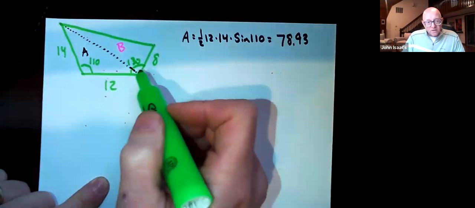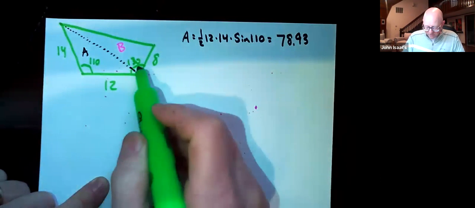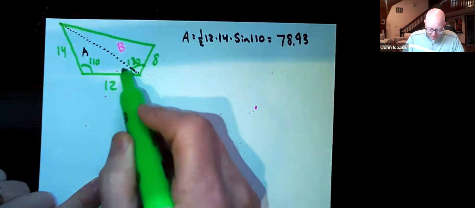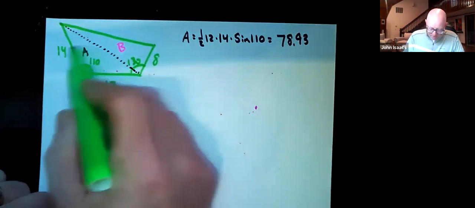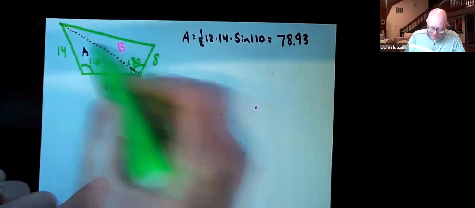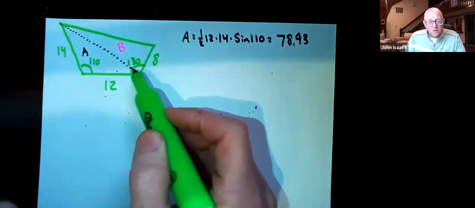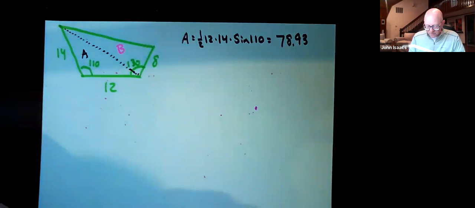So that means that this 130, we're going to have to find out what part of the 130 is an angle B and what part is an A. So we can figure that out using law of sines here. And then we're also going to have to figure out this side that we use as the cut using law of cosines in triangle A. So let's get those things first.